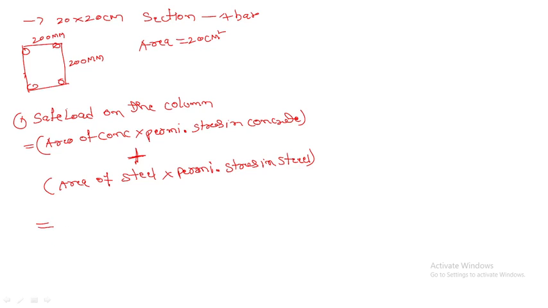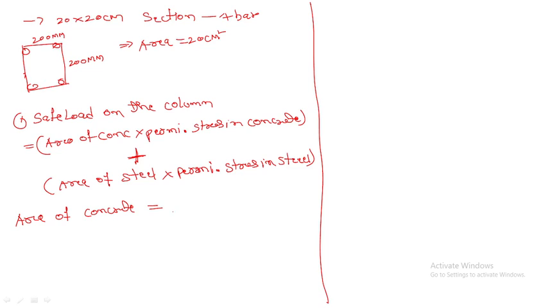Now the area of the concrete you have to calculate from the given data. How do you calculate the area of the concrete? Area of concrete equals gross area of the column, the total area, minus the area of the steel.